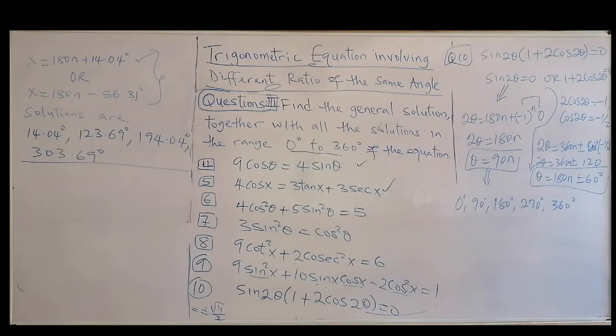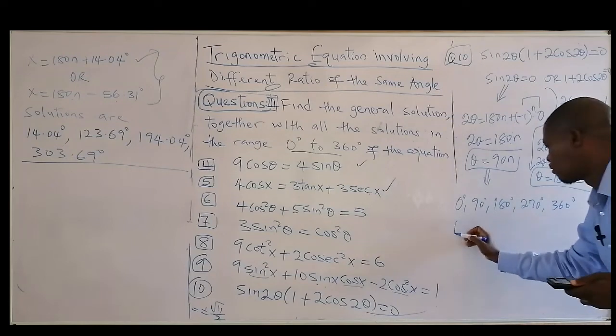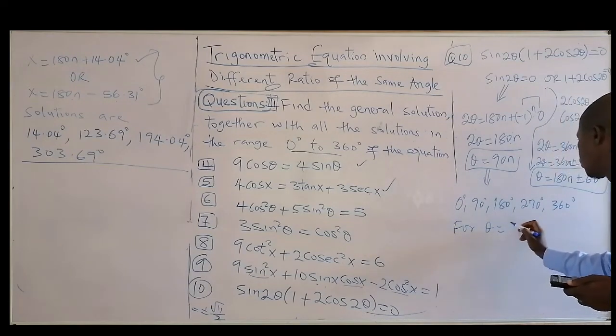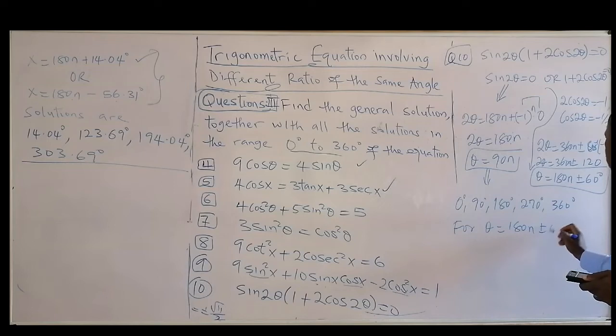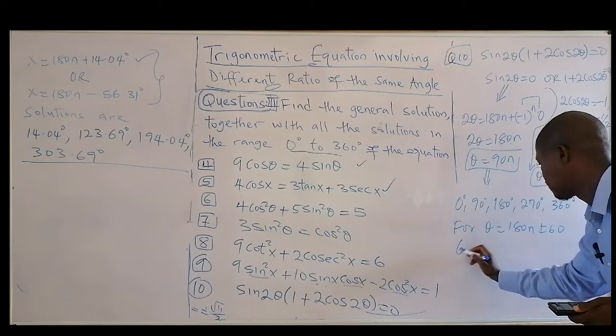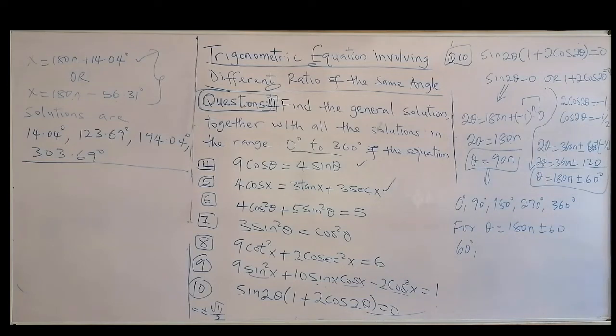For the second one, theta equal to 180n plus or minus 60, let's check that. N equal to 0, we have plus or minus 60, but we're going to take the positive one, that's 60, because negative is not part of the range of values.